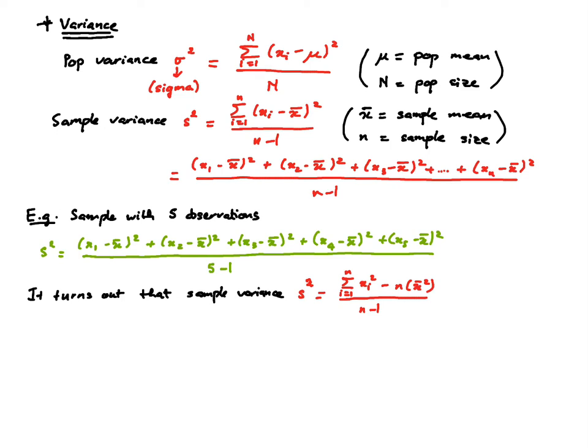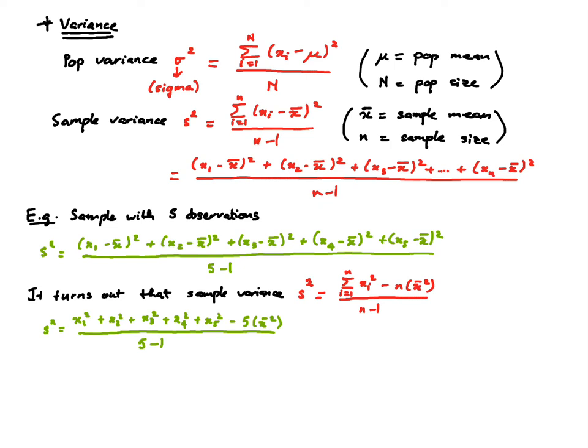How do we apply this formula? s squared is going to be equal to x1 squared plus x2 squared plus x3 squared plus x4 squared plus x5 squared, minus n, which is equal to 5, times the mean square, divided by n minus 1, which is 5 minus 1.